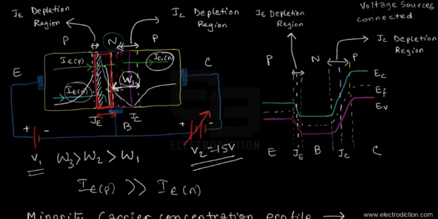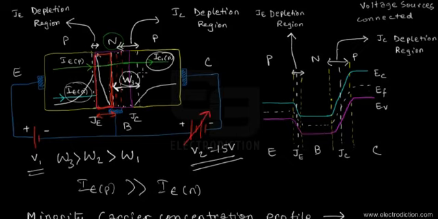Now decreasing the base width would result in higher, or rather steeper, concentration gradients, as you can see with this white line across the base region, but it'll lead to shrinkage of the base very much.